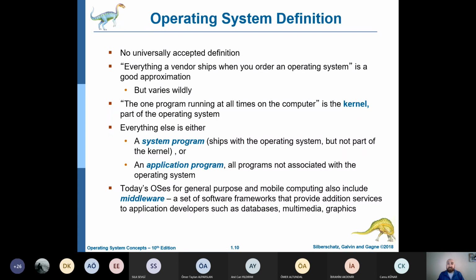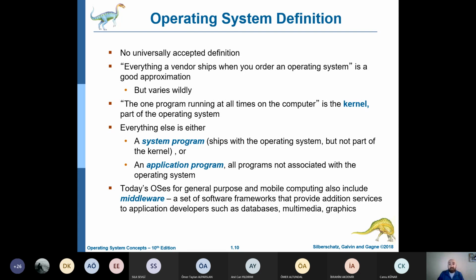Along with the kernel, there are other types of programs: system programs, which are associated with the operating system but are not necessarily part of the kernel, and application programs, which include all programs not associated with the operation of the system. So basically, we have a kernel, and apart from the kernel, we have system programs and application programs. System programs ship with the operating system, but they're not part of the kernel. Also, we have application programs which are not associated with our operating systems.